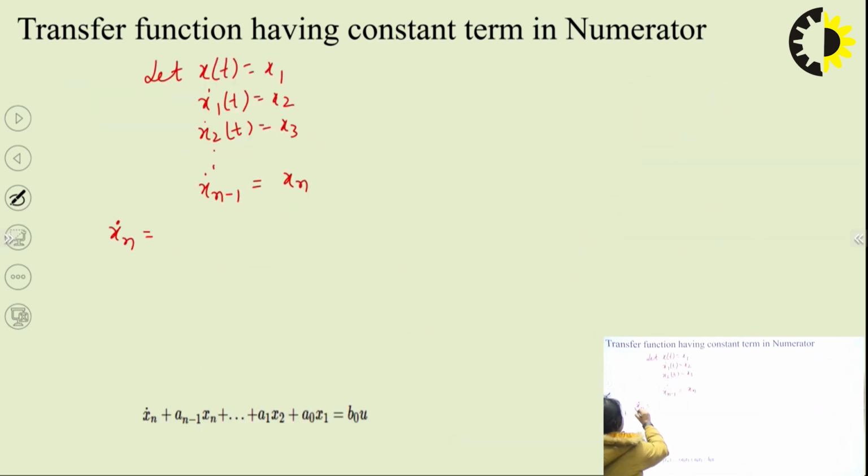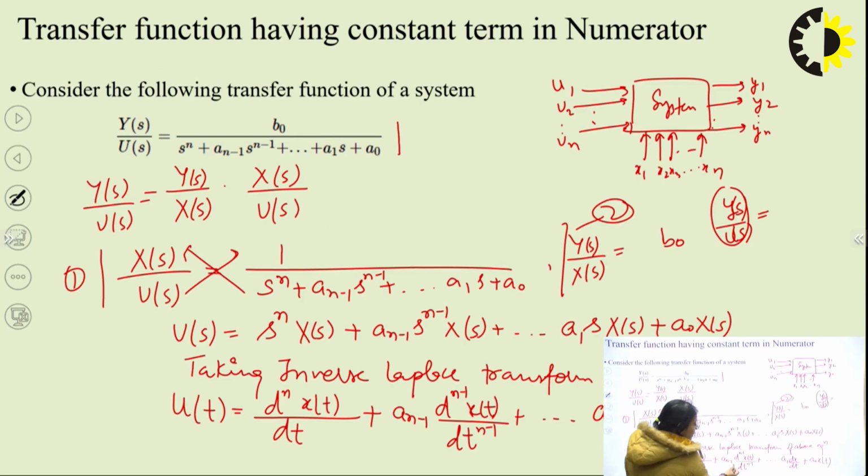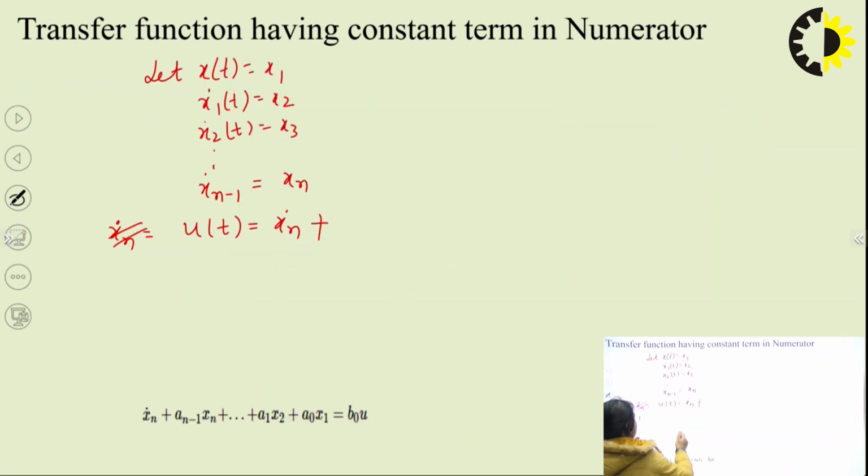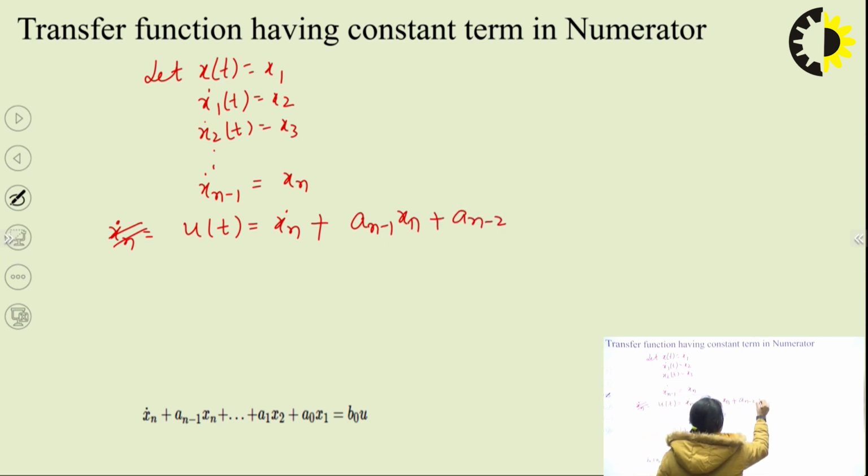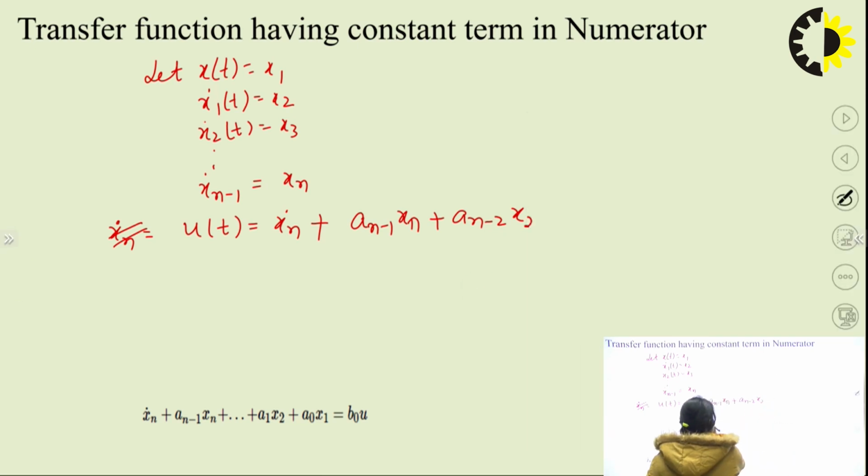So I am writing it: u(t) will be equal to xn dot plus a_{n-1} into d^{n-1}x, which is xn, so this is a_{n-1} into xn, then a_{n-2} into x_{n-1}, and so on up to a1 of x2.